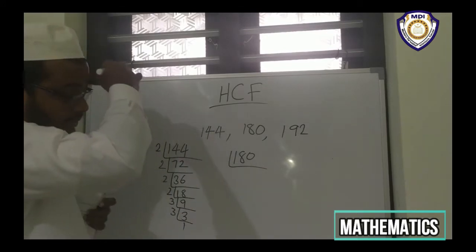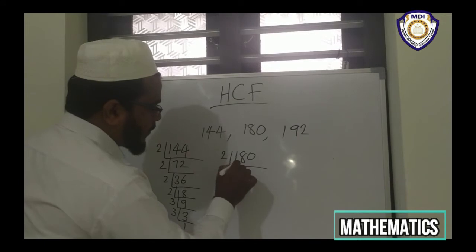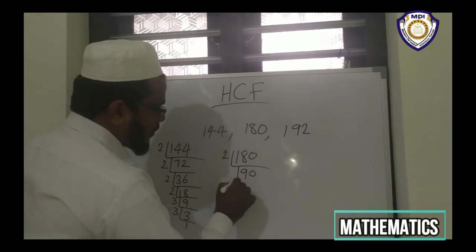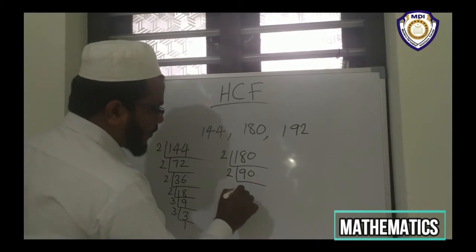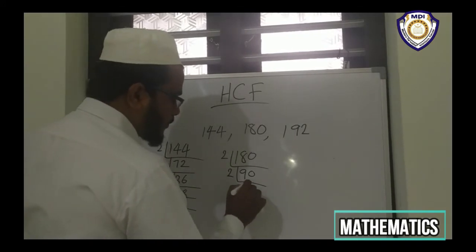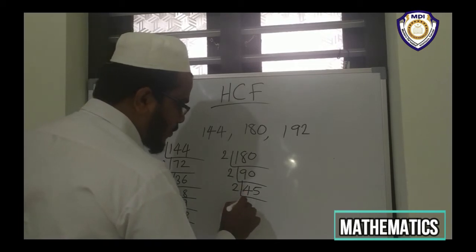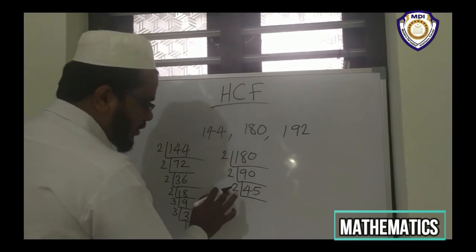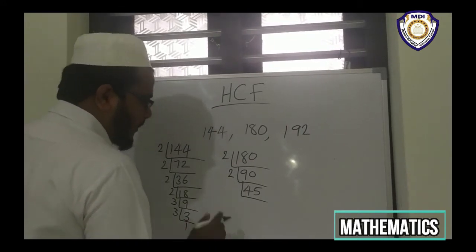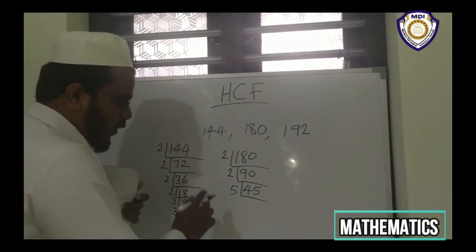180 divided by 2 is 90, then 45. We cannot divide 45 by 2 here. We can select 5 or 3.